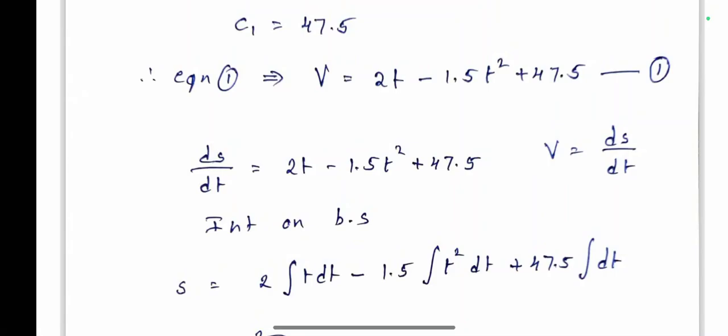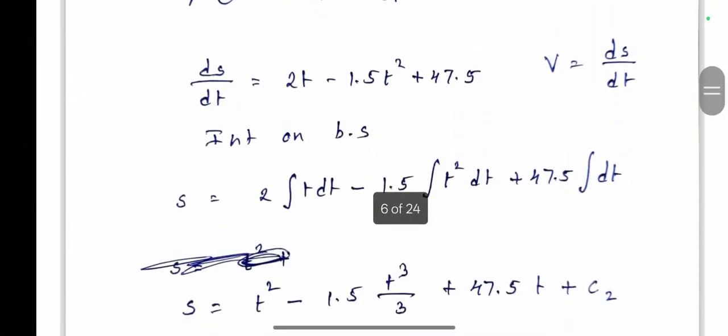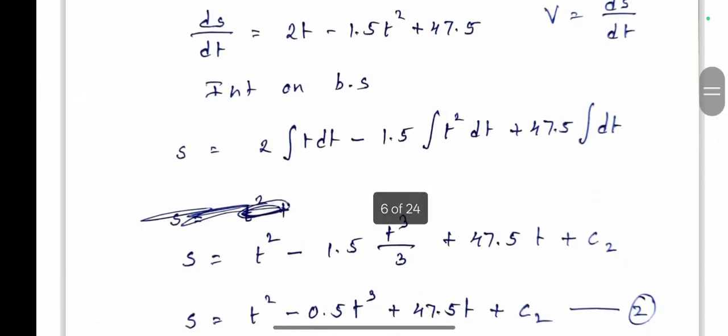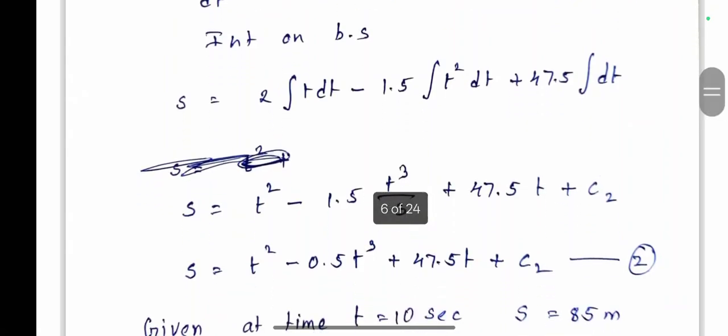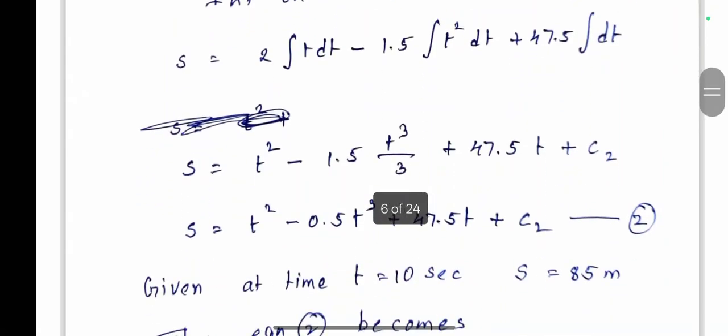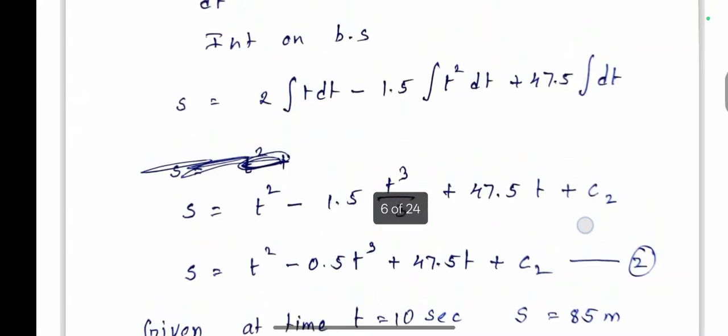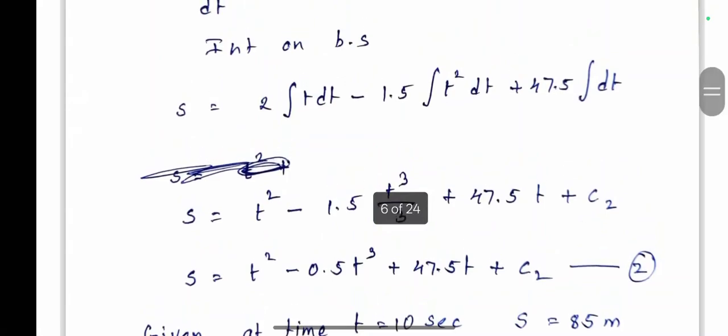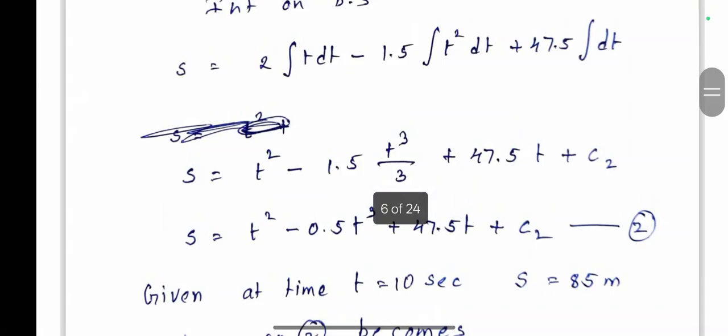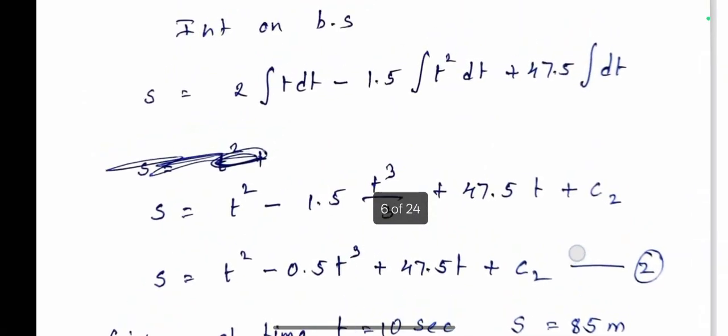So integrating on both sides, s is equal to 2 integral t dt minus 1.5 integral t square dt plus 47.5 integral dt. So integral t will become t square divided by 2, the 2 cancels, so s is equal to t square minus 1.5 integral t square.